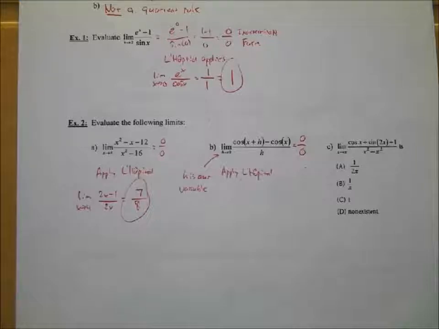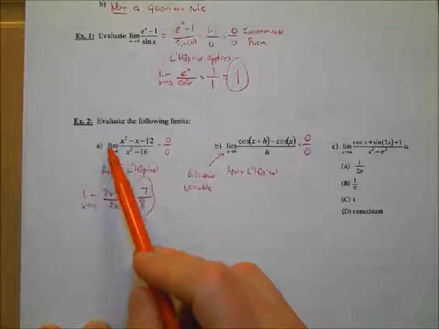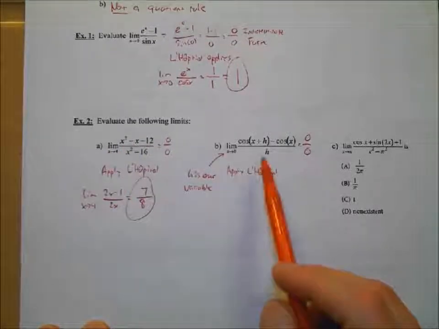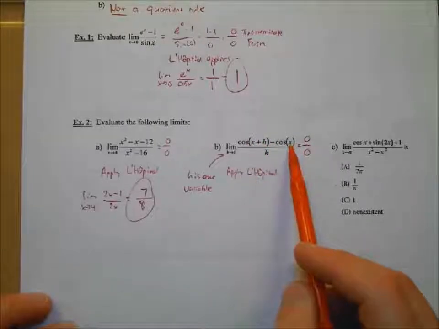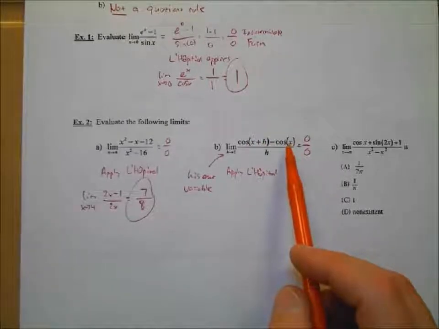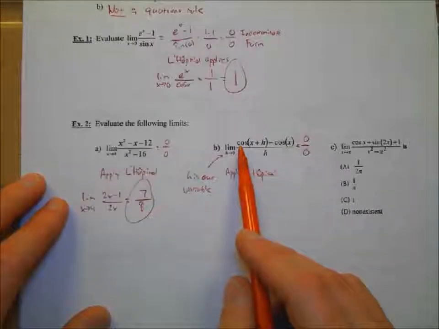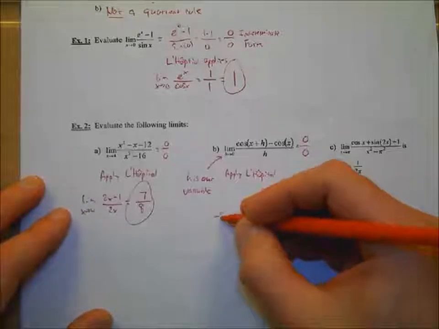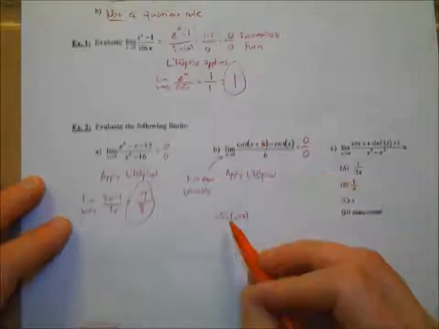That's what we're trying to evaluate. So we're going to take the derivative with respect to h, because we're trying to evaluate h, just like over here, where x was our variable, and so we took the derivative with respect to x. Over here, we're going to take the derivative with respect to h, which means that x we're going to treat like it's kind of like a constant.